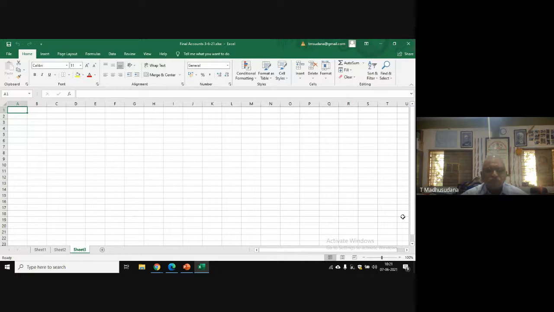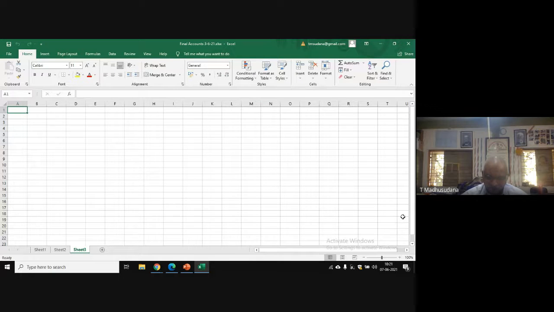If you are given provision for bad debts in both the trial balance and the adjustment, you can show it in two manners. One is you compare the old provision and the new provision. Old provision means the provision given in the trial balance.